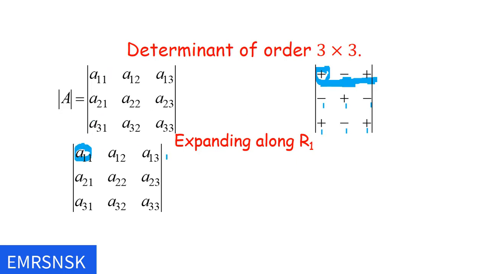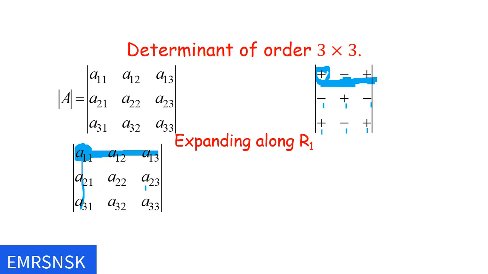If you want to expand the determinant along first row, then take this first element as plus A11 and remove the first row and first column.